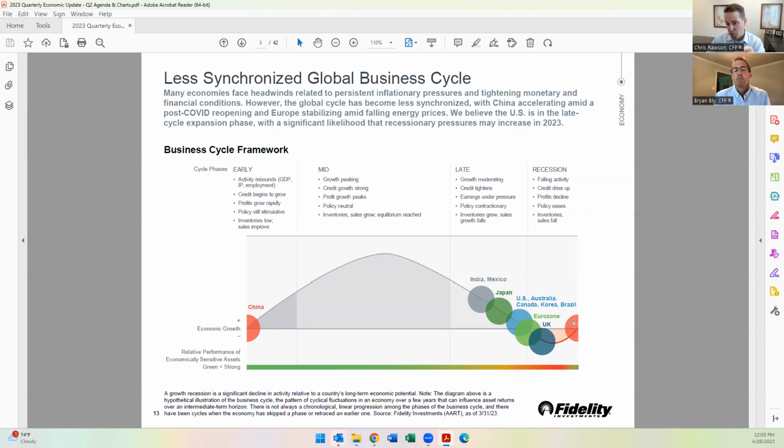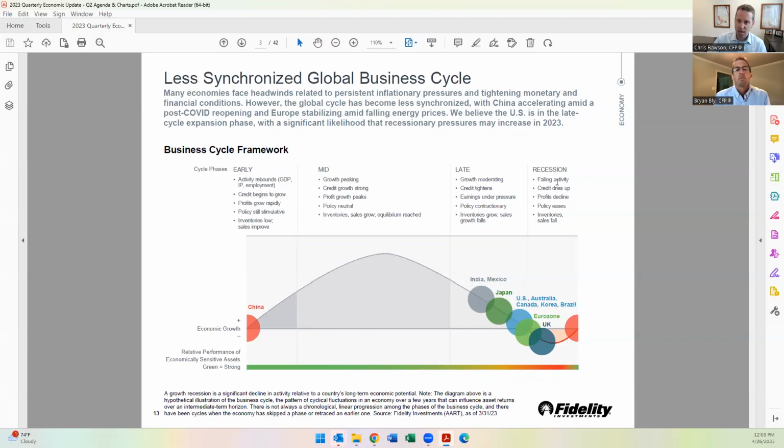Interestingly enough, you see China sort of ahead on their economic cycle, having had a longer lockdown during COVID, and the UK and the Eurozone are here. In terms of what we're expecting to see is a potential recession.